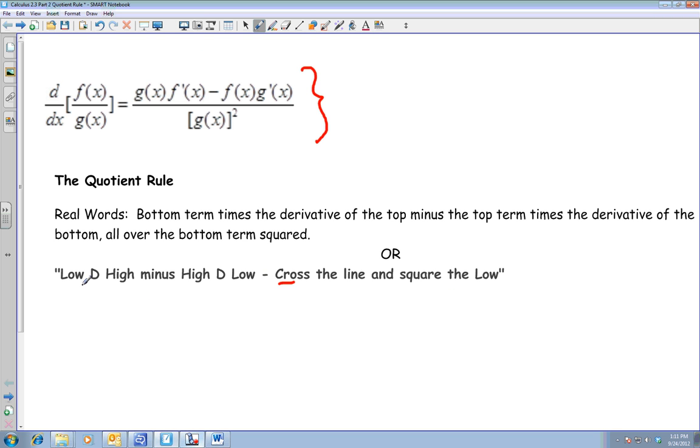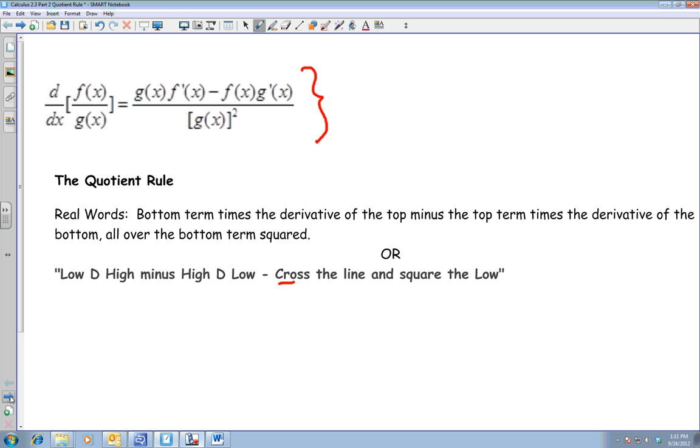So what does that mean? Low term times the derivative of the high term minus the high term times the derivative of the low term. So d low means the d stands for derivative. Cross the line. So draw a line, cross the line, and square the low term. So low d high minus high d low, cross the line and square the low.